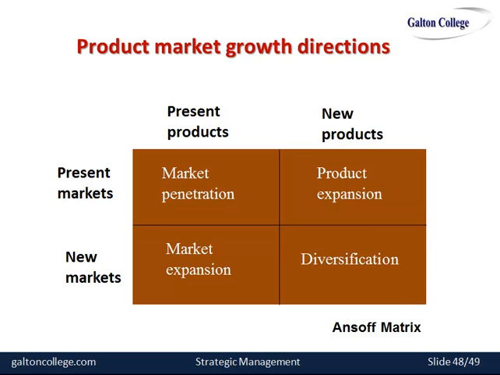Now, I'm not going to go through the Ansoff matrix. As I said, it's the subject matter of several videos in the course, so try to look those up and cover that area yourself. So this concludes our talk on strategic management.